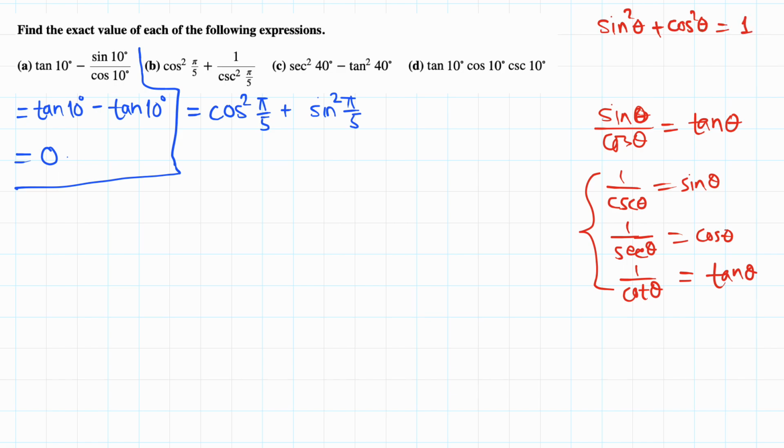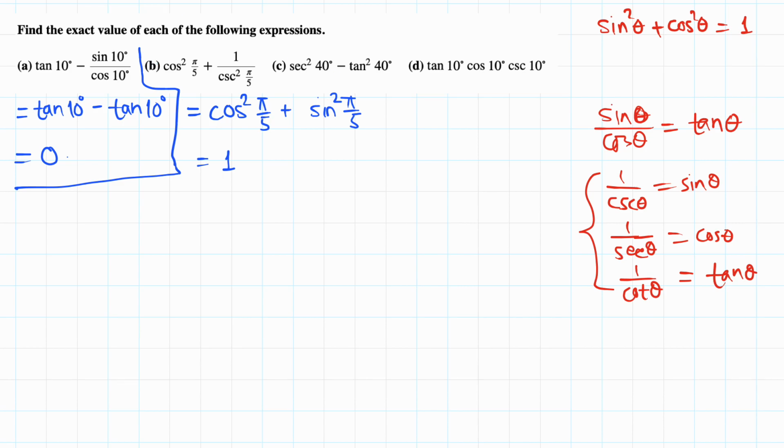Since it's a plus, we can swap the order and bring this to the front. So this is cosine squared of some angle plus sine squared of the same angle. It has to be the same angle. From this Pythagorean identity, that is just 1. So the value of part B is 1.